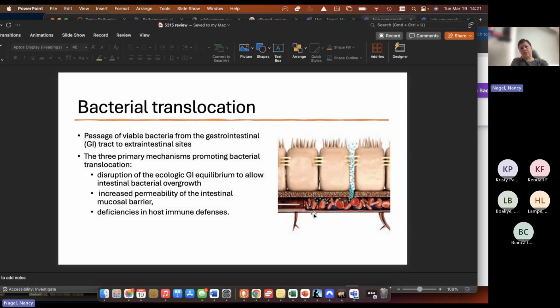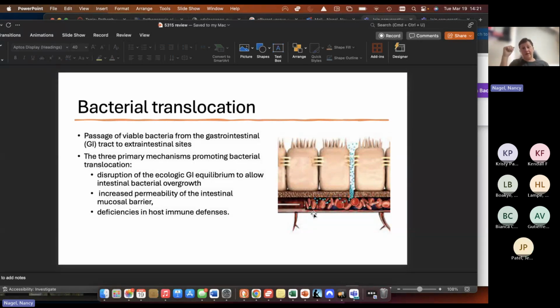The problem is when we have situations where we either have a bacterial overgrowth or we have an immune deficiency problem, or for some other reason we have increased permeability of that intestinal mucosal layer, and that allows bacteria to sneak in between the villi, and they go to the lymph nodes, they go into the tissue, or they go into the bloodstream, causing bacteremia.